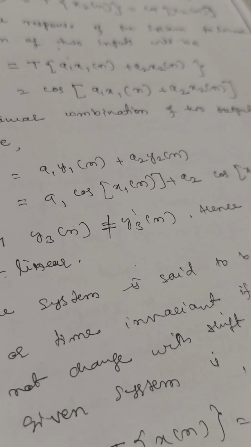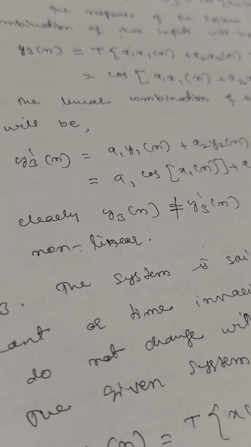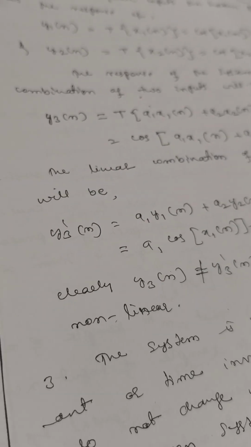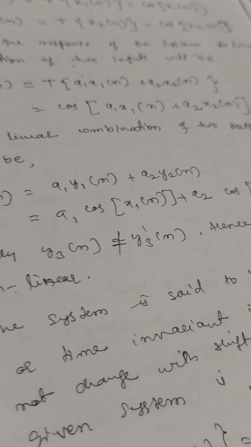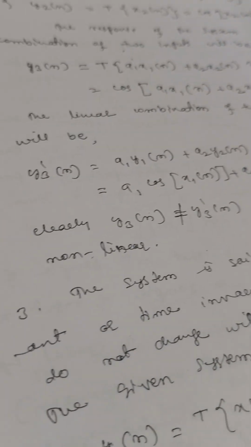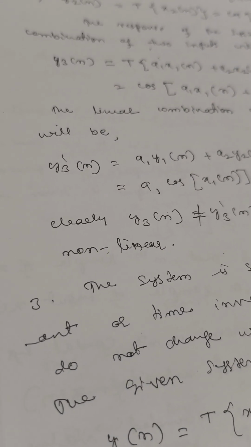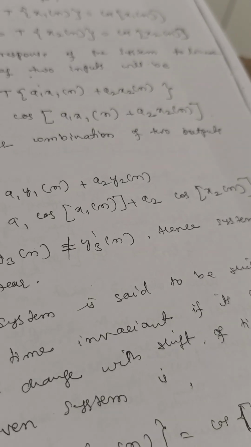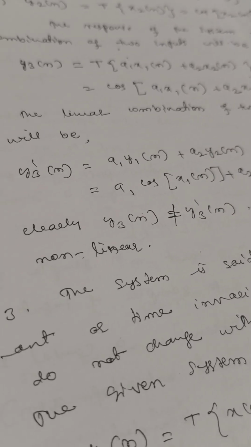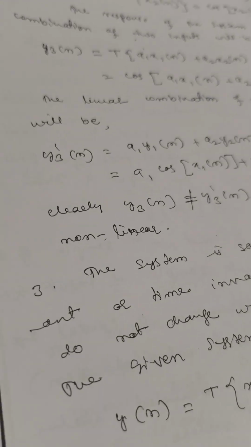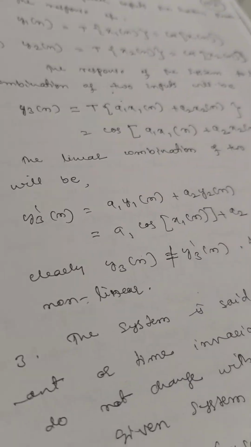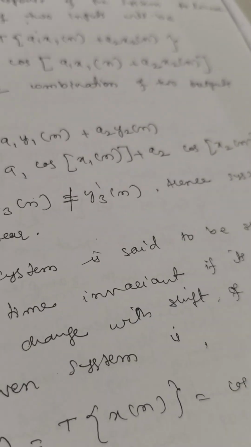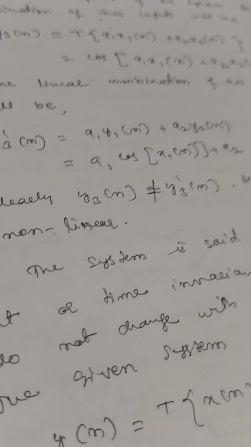Here you see that y3 of n is not equal to y3 dash of n. Therefore, when they are not equal, that system we call a nonlinear system. If y3 of n is equal to y3 dash of n, then such systems are called linear systems. This is how we can find out whether the system is linear or not.